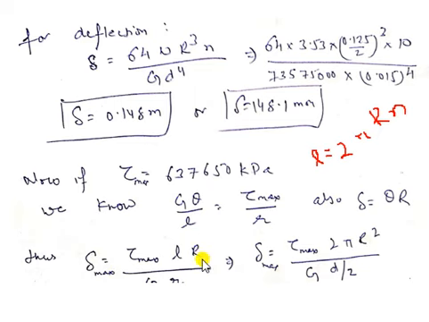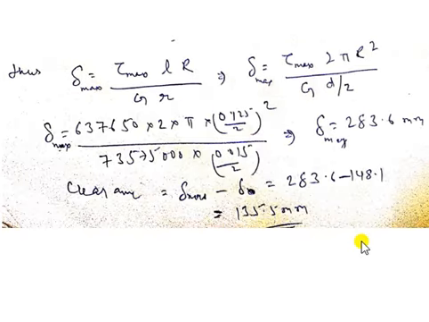Okay, and this R is already there, so 2 pi R square, and there should be an n also. If I substitute the value of this L over here, 2 pi R n, so this expression will become delta max equal to tau max into 2 pi R square n divided by G into small r. So small r can also be written as d by 2. Alright, hope it is clear. So upon substituting these values, you can check the calculation.